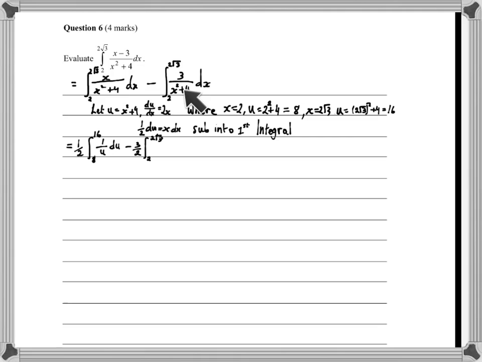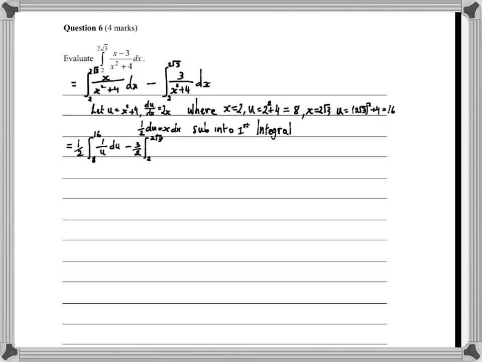Now, with the second integral, we've got this factor of 3 that doesn't seem to fit with the integral. We're going to take that 3 and bring it out the front. If I compare this to the formula on my formula sheet, I recognize that this is pretty close to the inverse tan integral.